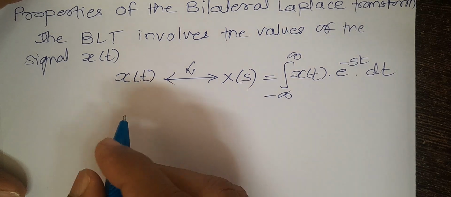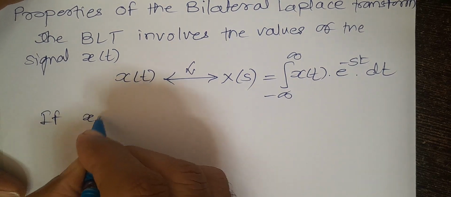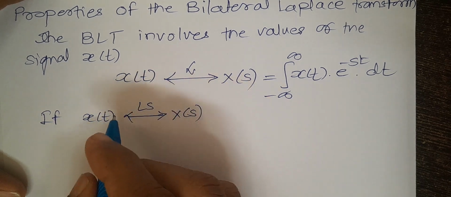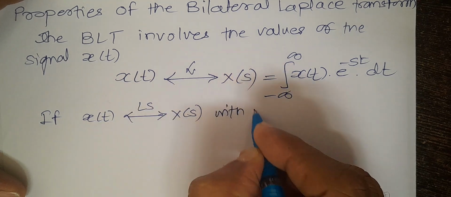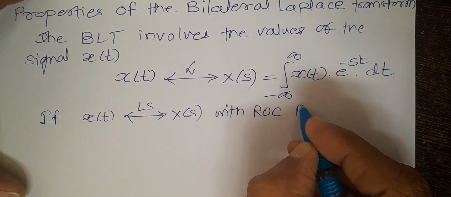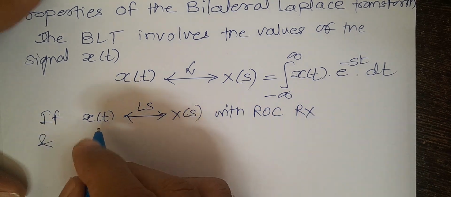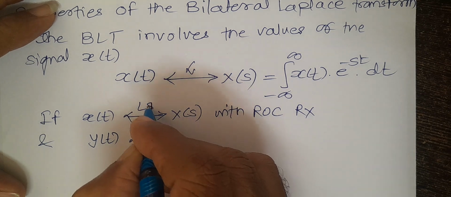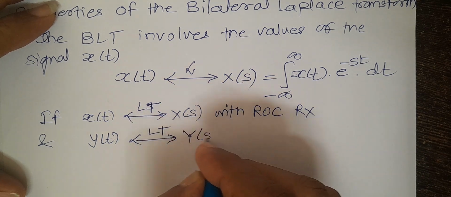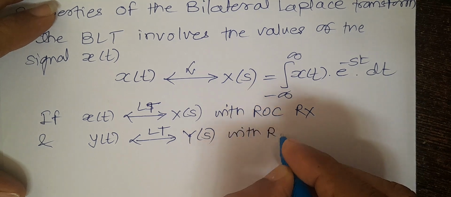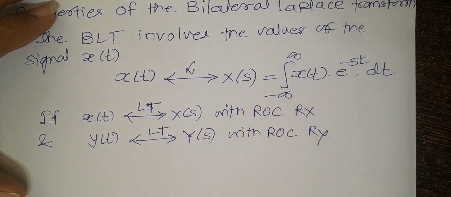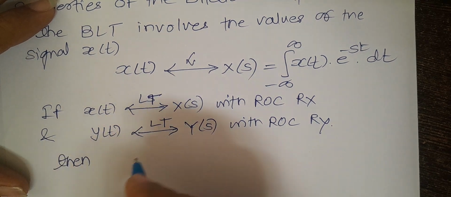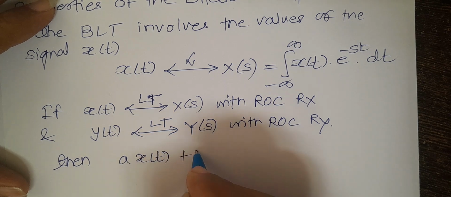For example, if x of t has the Laplace transform x of s with ROC Rx, and y of t has the Laplace transform y of s with ROC Ry, then we can write a into x of t plus b into y of t.